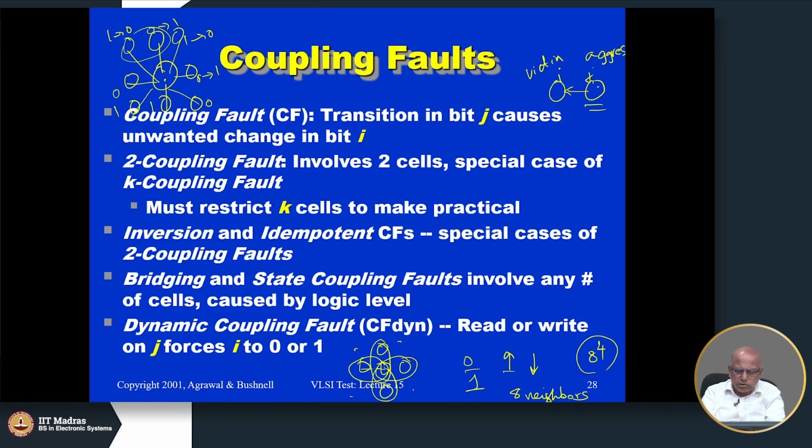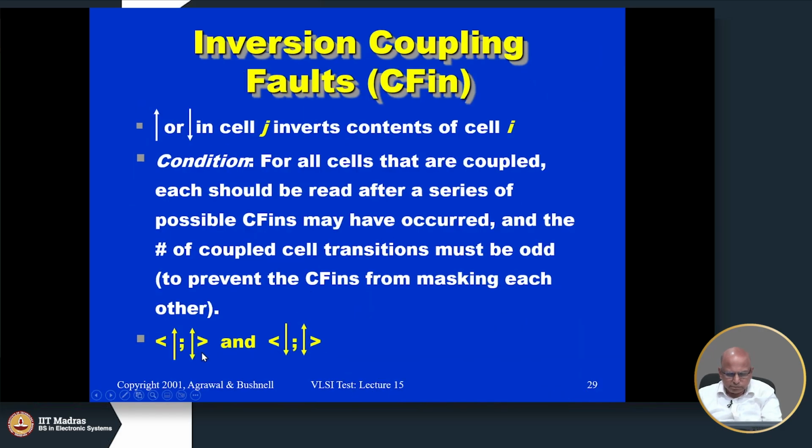So, two coupling faults are a little bit easier. Inversion and idempotent faults. What is an idempotent coupling fault? And what is an inversion fault? So, let us look at inversion and idempotent faults.